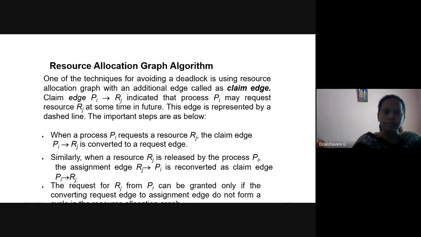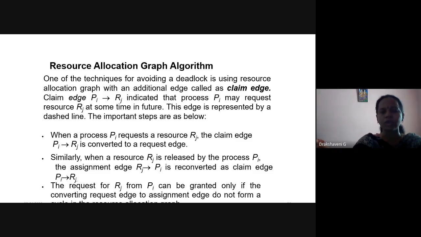Okay. So next, the resource allocation graph algorithm. We have just seen in the earlier slides how to draw graphs, what a process is, and which diagrams to draw. Now see the algorithm, how the resource allocation can be done. One technique for avoiding a deadlock is using a resource allocation graph with an additional edge called a claim edge.